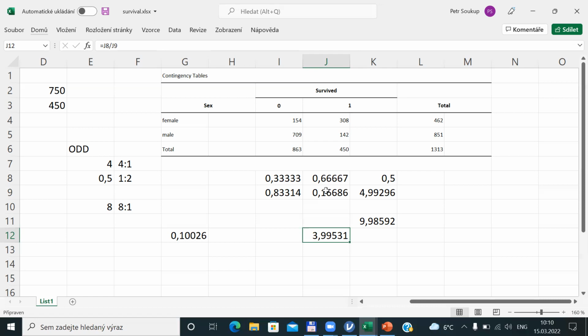So be careful and do not mix the expression of probabilities and odds. They are not the same, once again. But still, it means that the chance as well as probability for female were much better than for men.